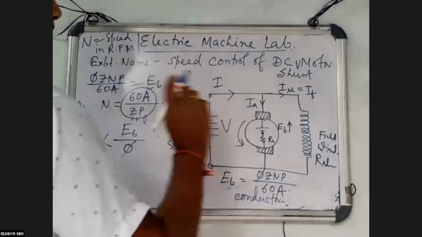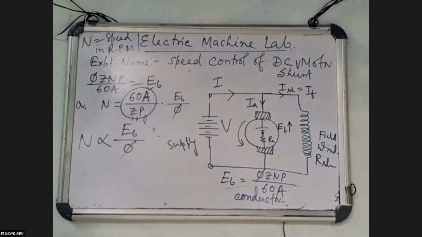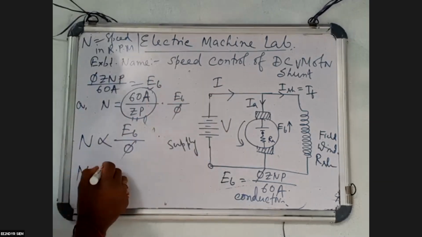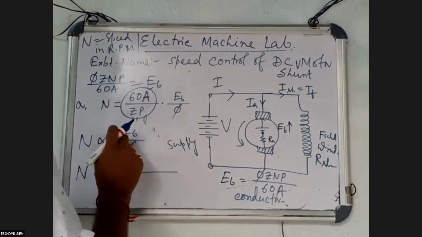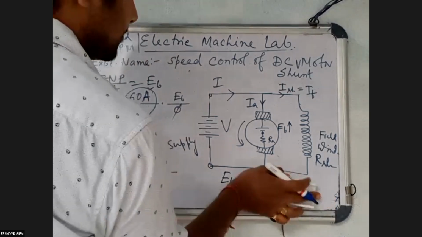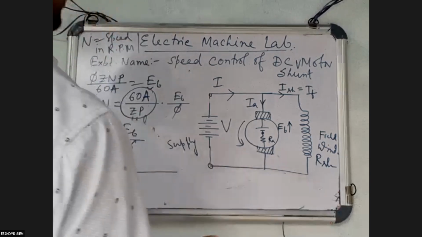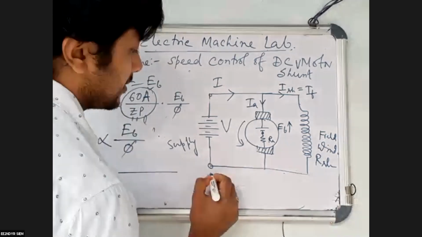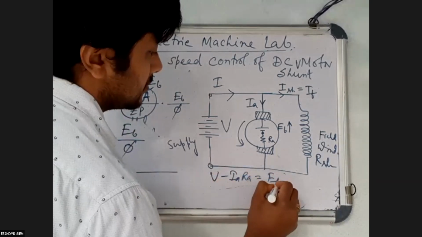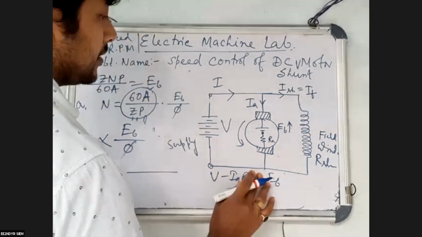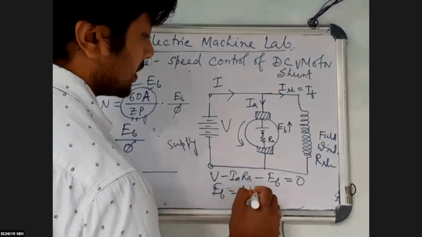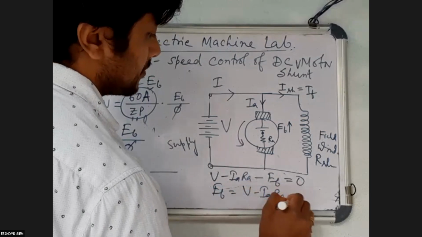Now, while we are considering this one, we can write N is proportional to EB. Now the EB equation we have already obtained: V minus IA RA equals EB.